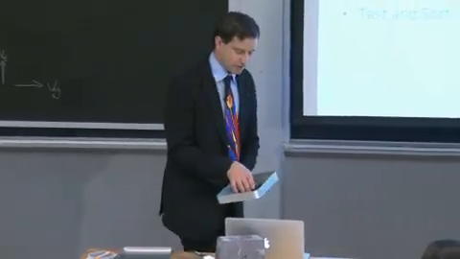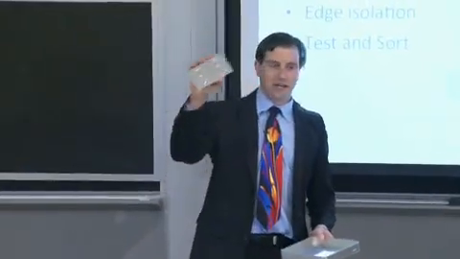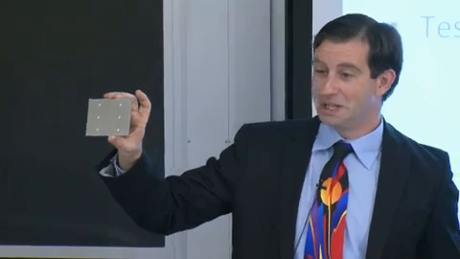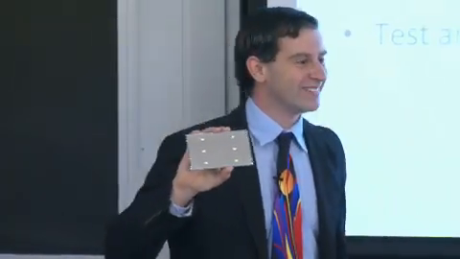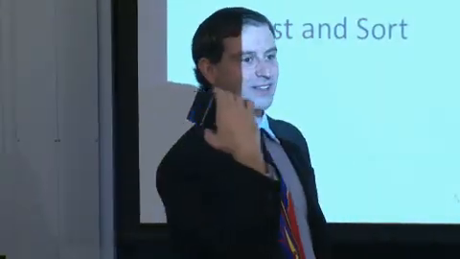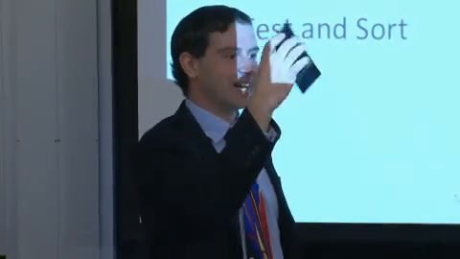Feel free to pick it up and look at the back side and the front side. On the back, you'll see some silver pads in the middle of all that aluminum. And if anybody has ever tried to solder to aluminum, you know exactly why those silver pads are there. It's so that you can solder to them and make contact to the back of the one device and connect it to the front of the next. And you notice that they're aligned, right? So the back pads are aligned with the front. So I'll pass this around right here.